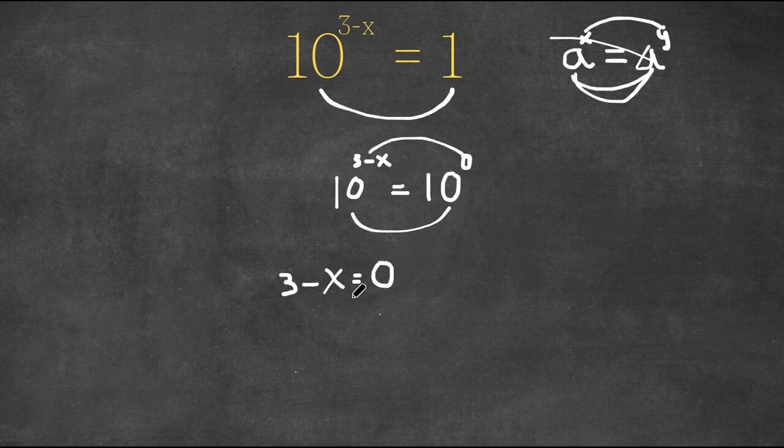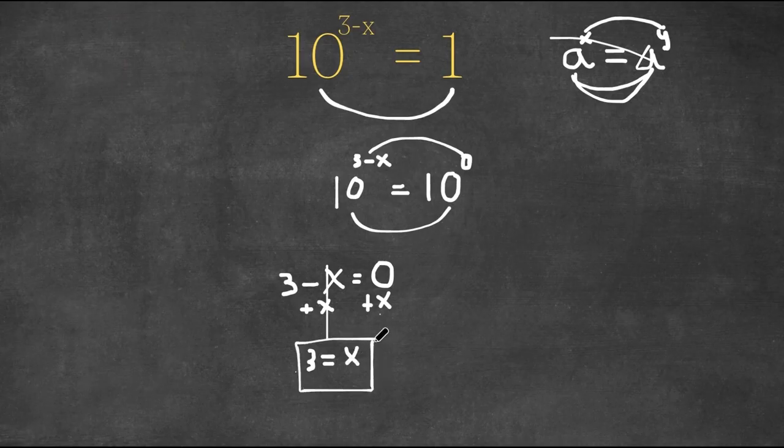Now, as you can see, we've created a simple equation using our method. To get the value of x, we're going to add x on both sides, and these two cancel out. So we're left with 3 equals 0 plus x, which is x. So now we have our value for x.